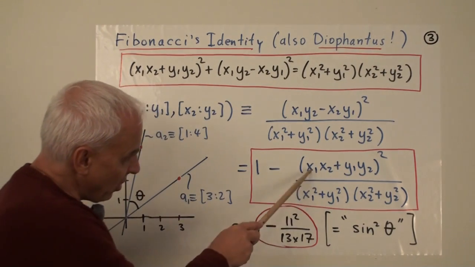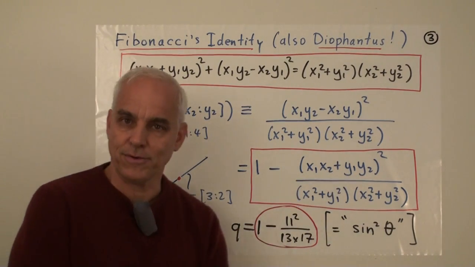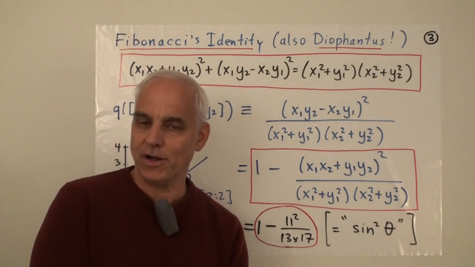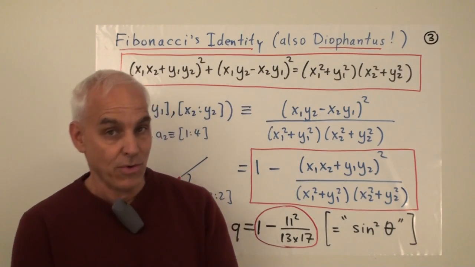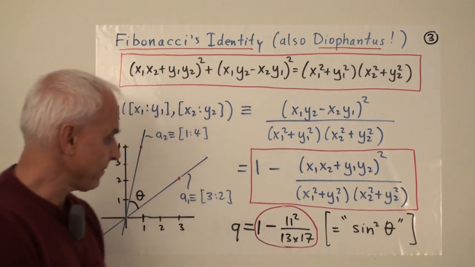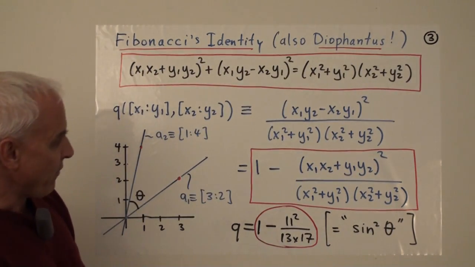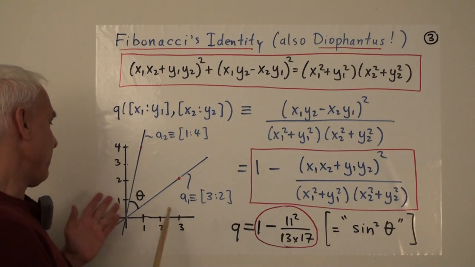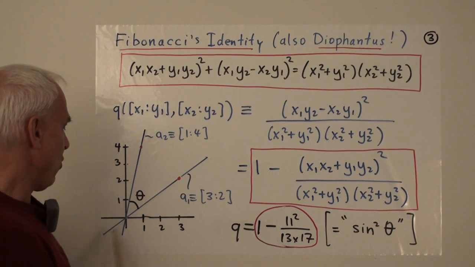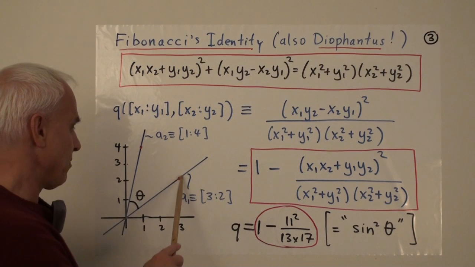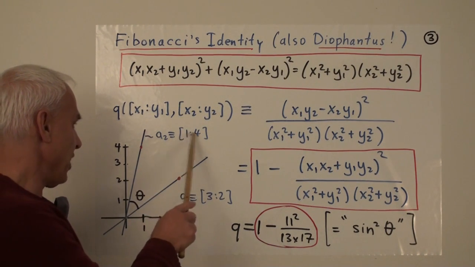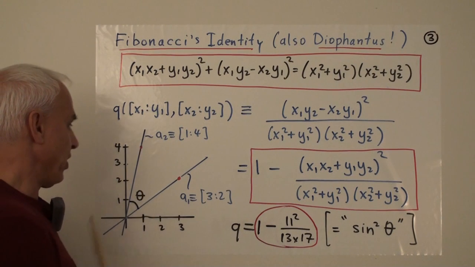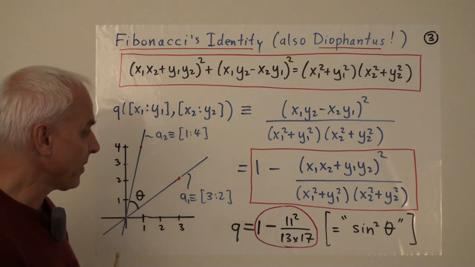That connects to what's called the dot product, or standard Euclidean inner product, that's familiar to most students who have taken a linear algebra course. So for example, suppose we have this situation here where we have one line which is [3 : 2], passing through the point (3, 2), and this line here, line [1 : 4], passing through this point (1, 4).